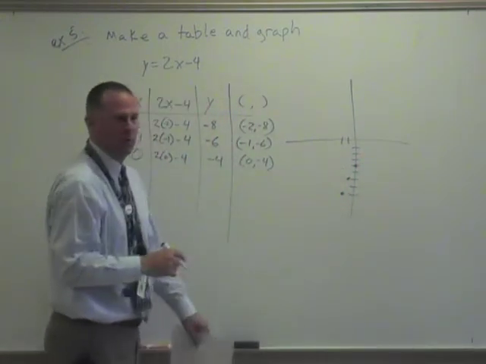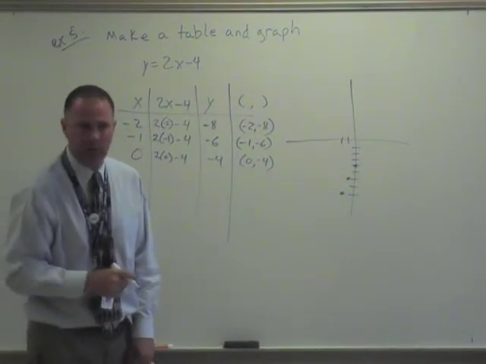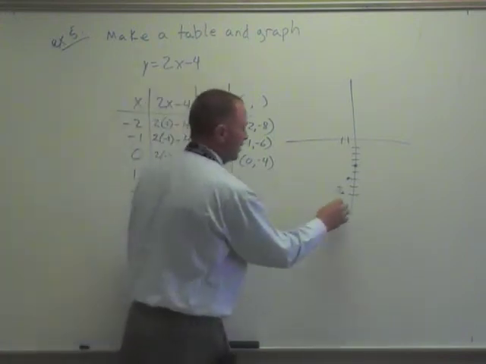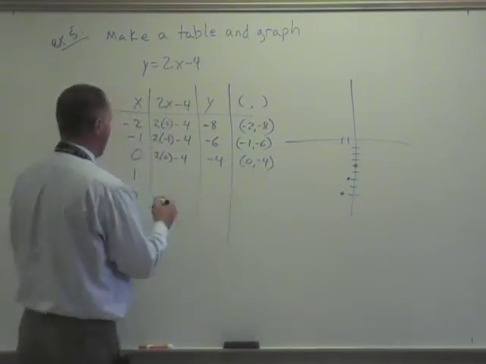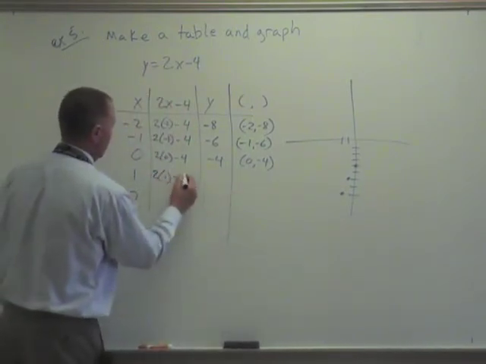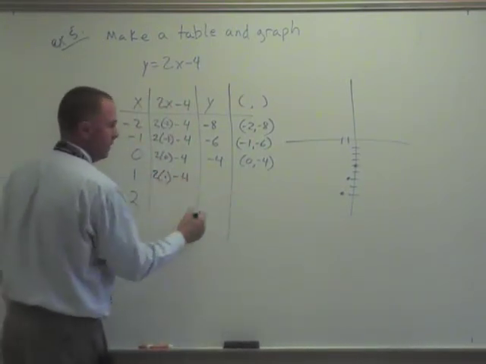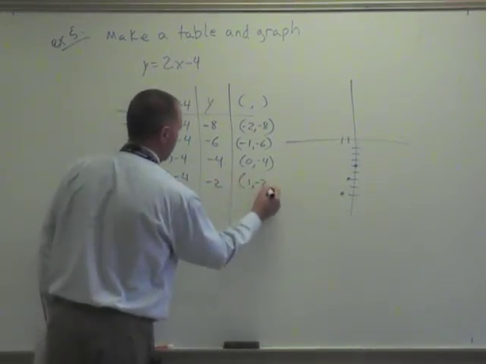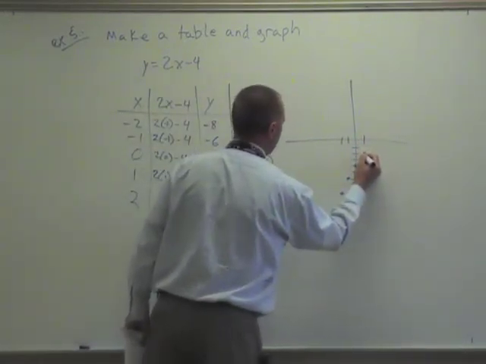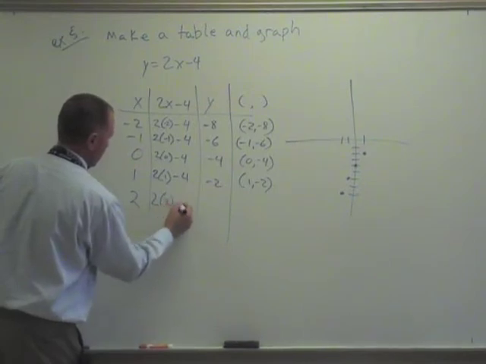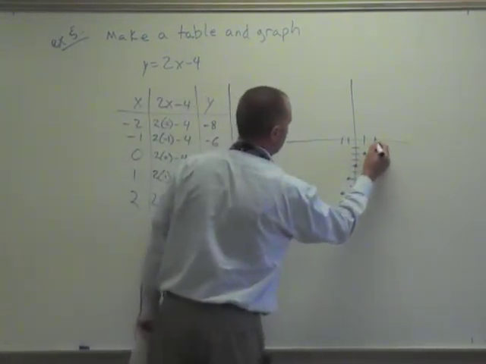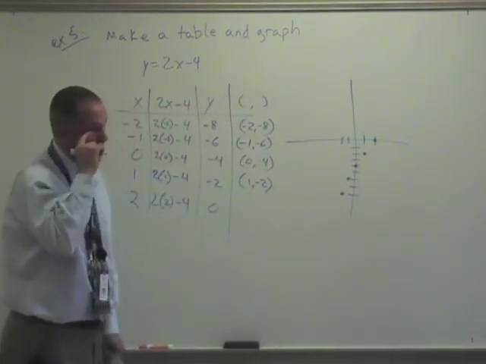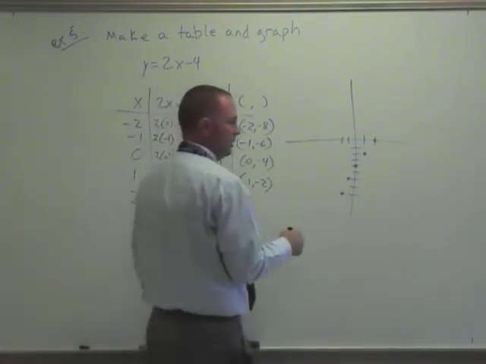So far, does it look like a function? Sure. Vertical line test. Do I hit it more than once? No. Not yet, but we gotta check. 2 minus 4. Negative 2. 1, negative 2. 4 minus 4. 0. Does not hit. This is a function.